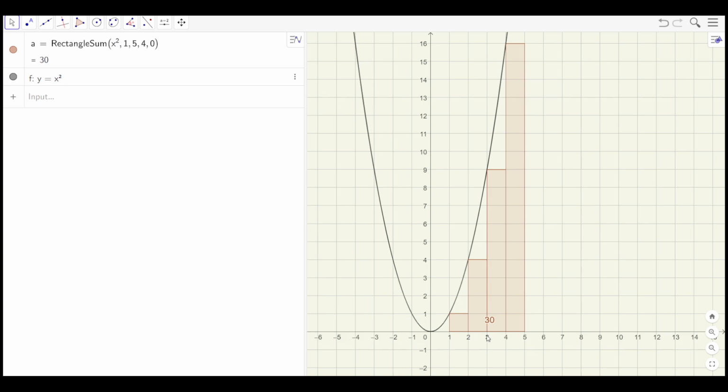Let us do it once more. I go to the next interval from 3 to 4, and then you see that again this rectangle is constructed on the value of the function at the initial point 3. Is that clear? So this is denoted by 0 here.